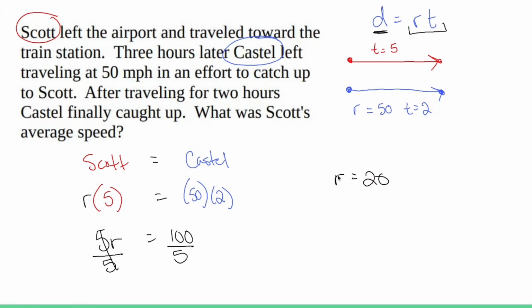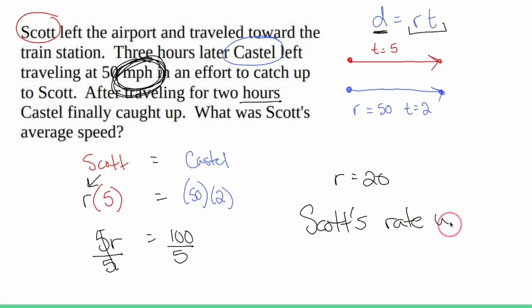Well, the R that I have is the rate for Scott. So we're dealing with hours, miles, miles per hour. Scott's rate, or his average speed, was 20 miles per hour.